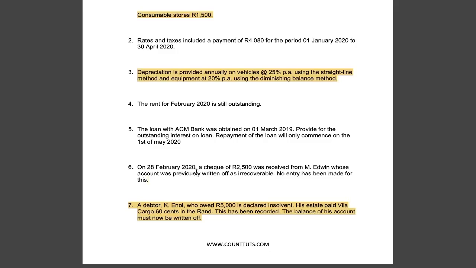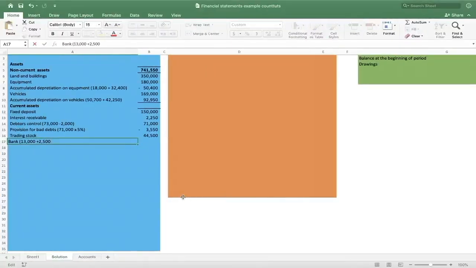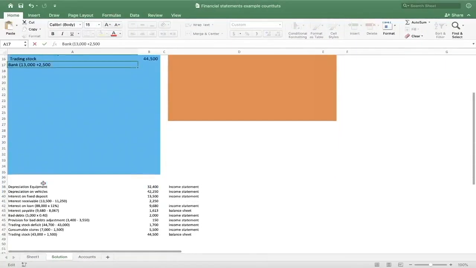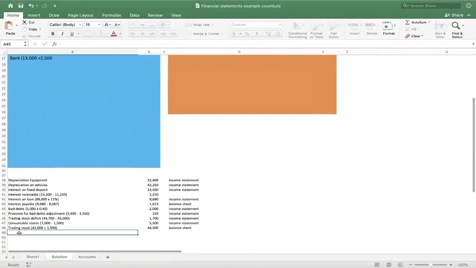Okay, we consider it as an income because it's money we never expected to receive, and now we have just received it from a bad debtor or a previous bad debtor. Okay, so that is bad debts recovered, and that falls part of our income. Okay, and we know that all our income goes into the income statement, and this one will go into the other income section of the income statement or the statement of comprehensive income.